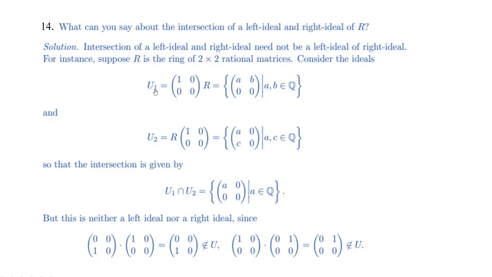Now we consider this ideal U1, which is AR. We have this already, we computed, and this is what we have. And U2 to be RA.